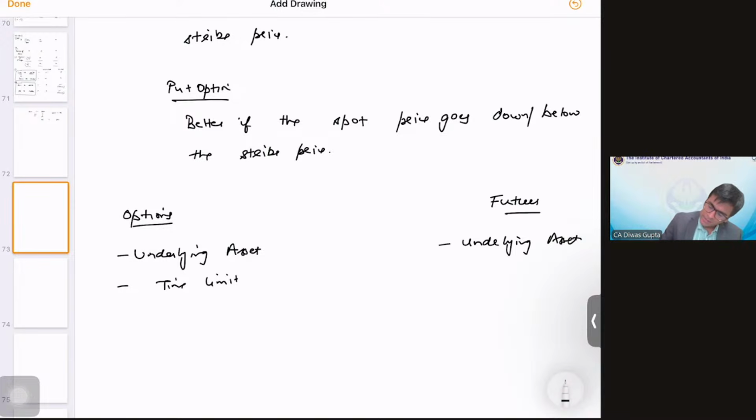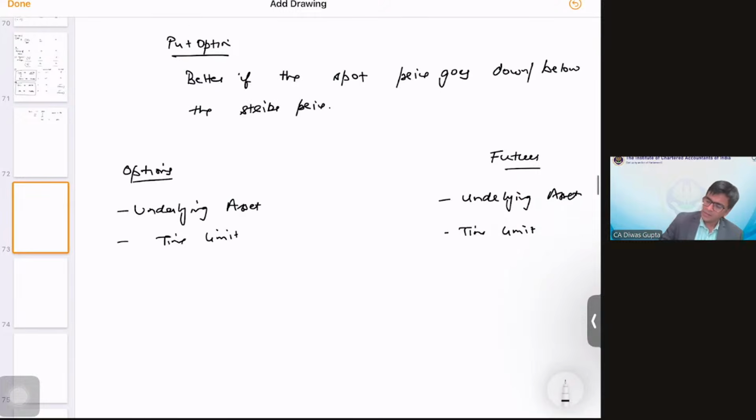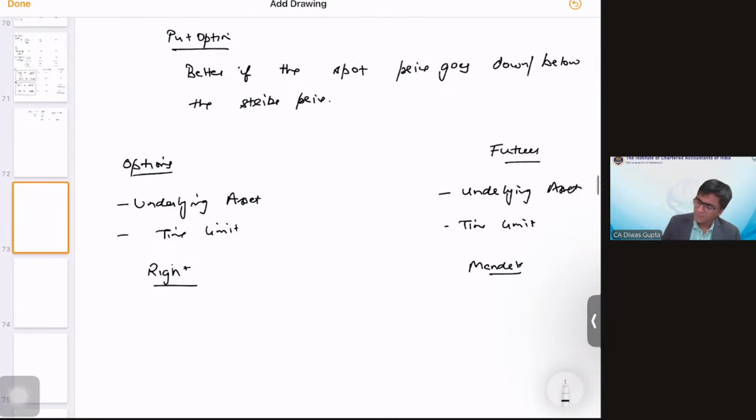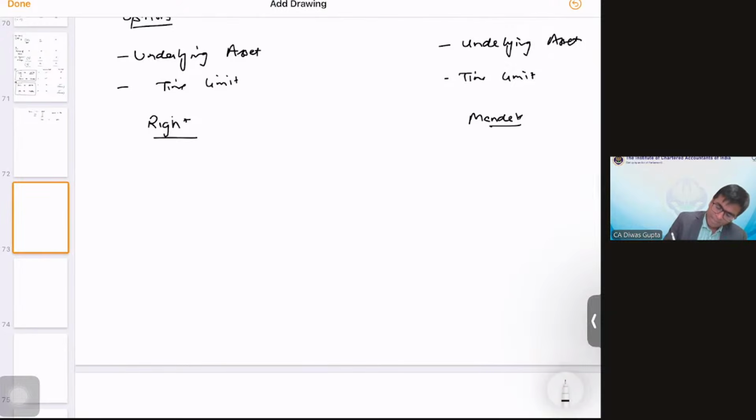In both places there is a time limit. Correct? An option is a right. A future is a mandate. Mandate means it's an obligation, an obligatory thing, right? Even if the movements are positive or negative, it has to happen.